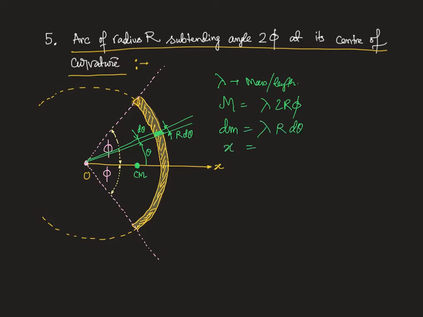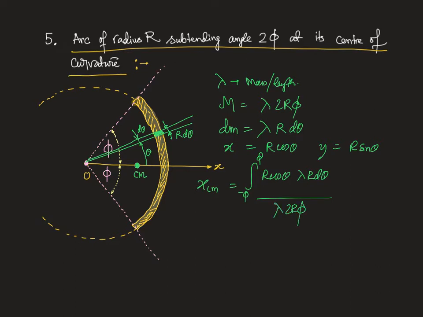The x coordinate is equal to r cos theta, and the y coordinate is r sin theta, though we do not need it because ycm will be 0 anyway. So xcm is the integral of x dm, r cos theta times lambda r d theta, from minus phi to plus phi, divided by lambda 2r phi.